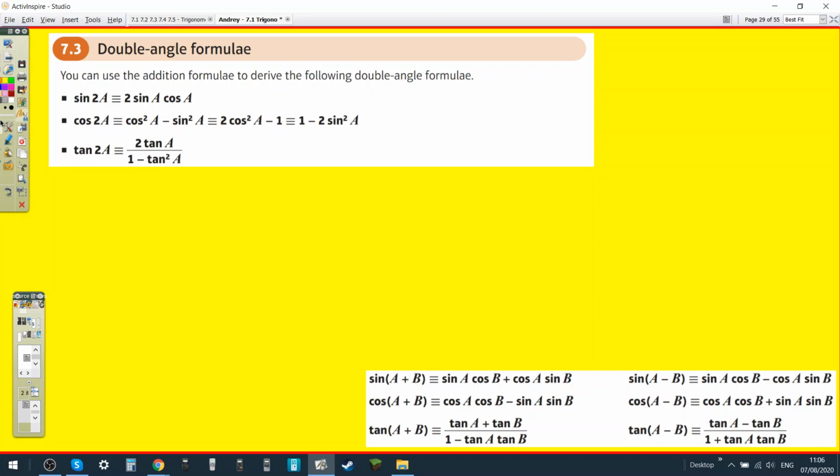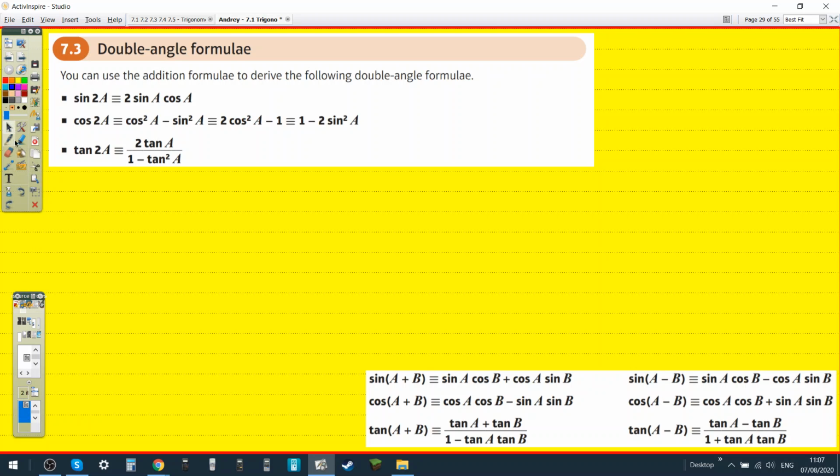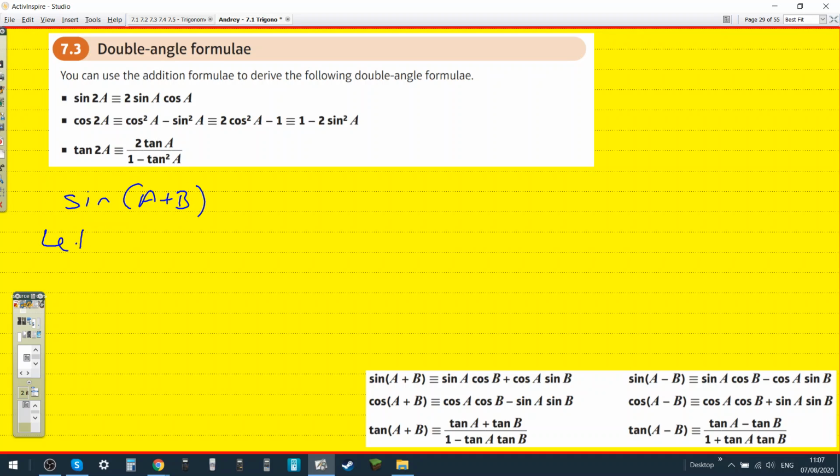So sine A plus B, let B be equal to A. So it becomes sine A plus A. So sub that into our formula. What do you get?